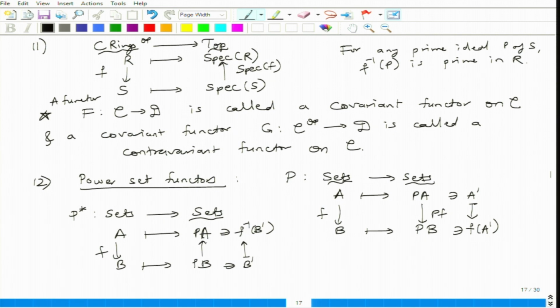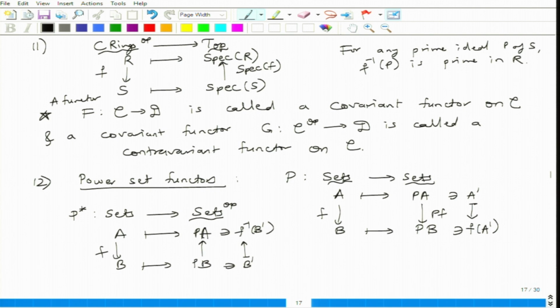reverse direction. So I can think of it as a functor from sets to sets op, or sets op to sets, but these are two different functors. This one is called the covariant power set functor, this is called the contravariant power set functor, and they are very different.